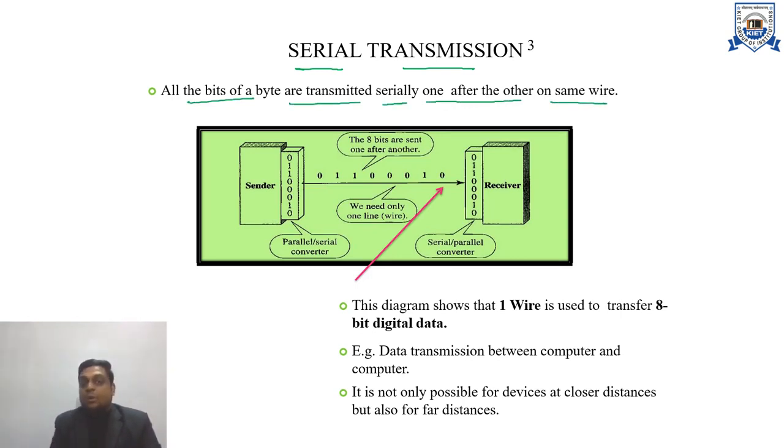How is it possible? All the bits of a byte are transmitted serially, one by one, one after another on the same wire. This single wire is used to send the whole data. In this diagram, only one wire is used to send the 8-bit digital data.